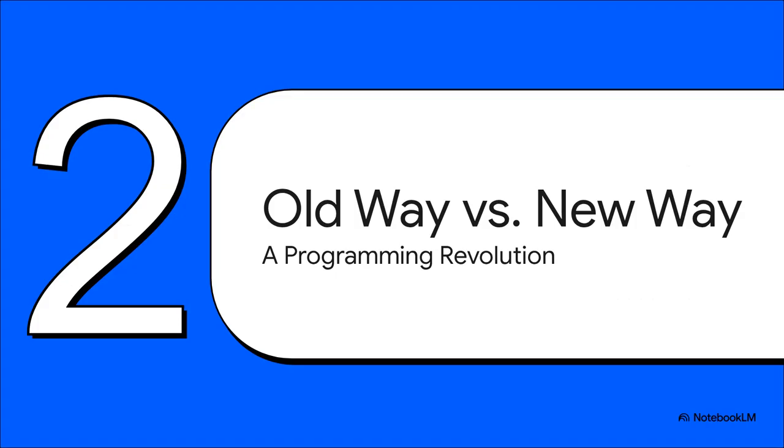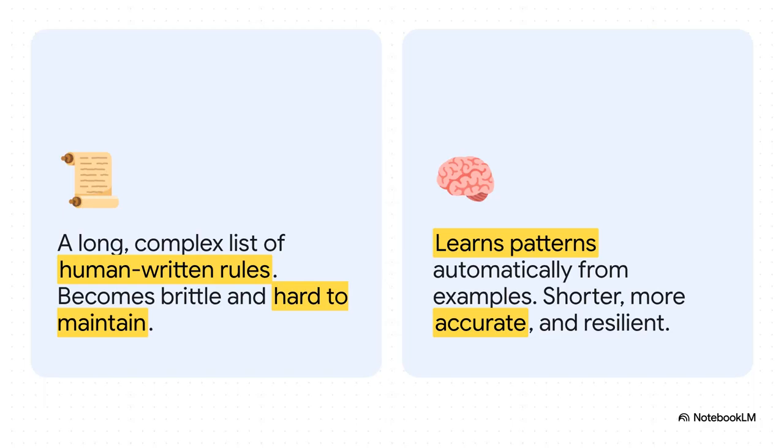Now, to really get why this is such a big deal, you have to see how things used to be done. Let's look at the old way versus the new way, because it's a total programming revolution. Okay, check this out. The old way, the traditional way, a programmer would have to sit down and write this massive, endless list of rules. Like, if an email says, "for you," it's spam. If it says, "credit card," it's spam.